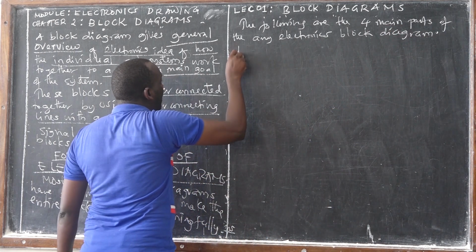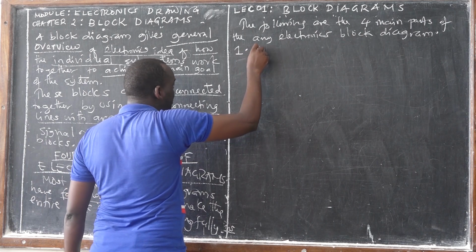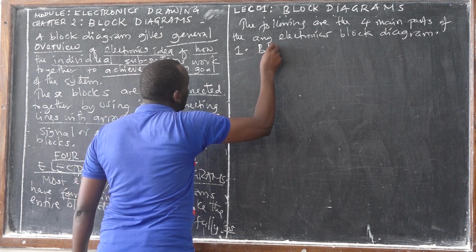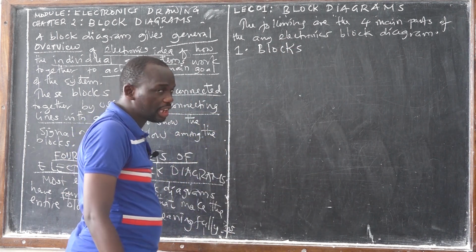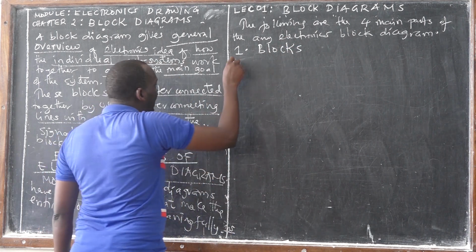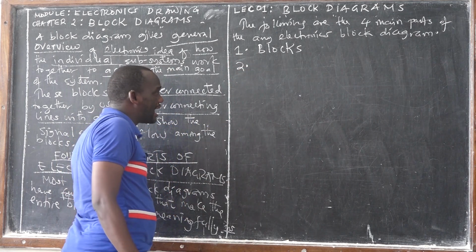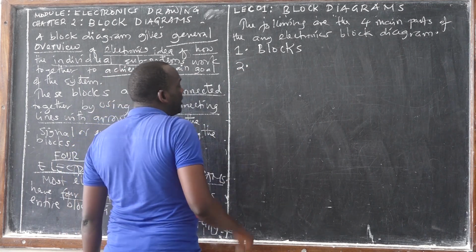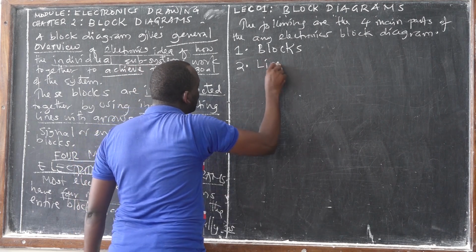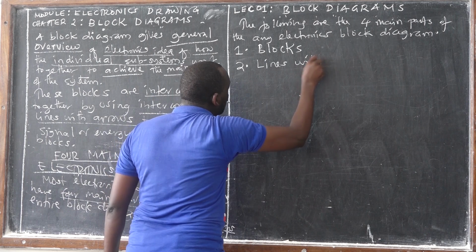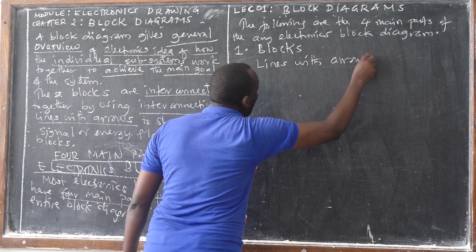The first main part: a block diagram must have blocks. Say blocks. Then any electronics block diagram must have lines with arrows.